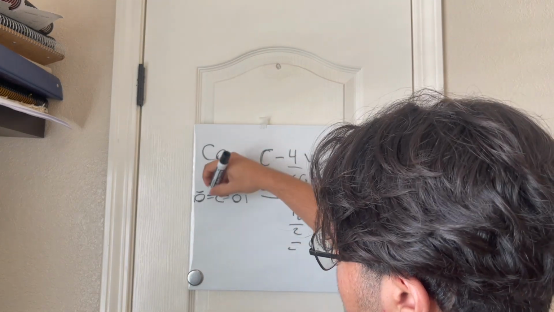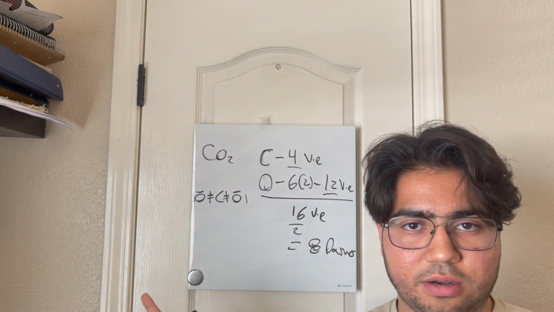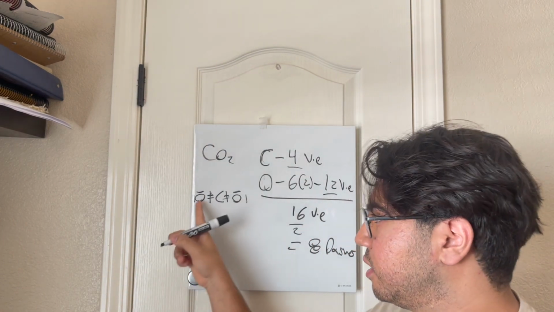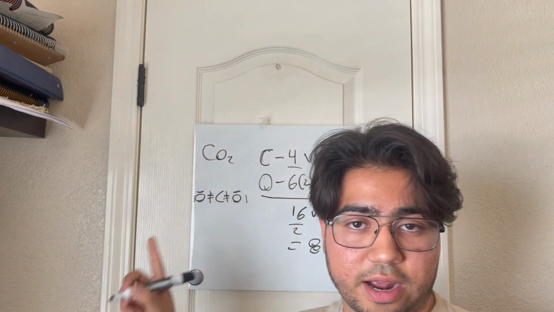The way we find the electrons in the structure is we cut these bonds in half. So instead of them counting as 2, they count as 1 electron, because we just want to see the electrons around oxygen for formal charge. So only for formal charge we cut these in half.